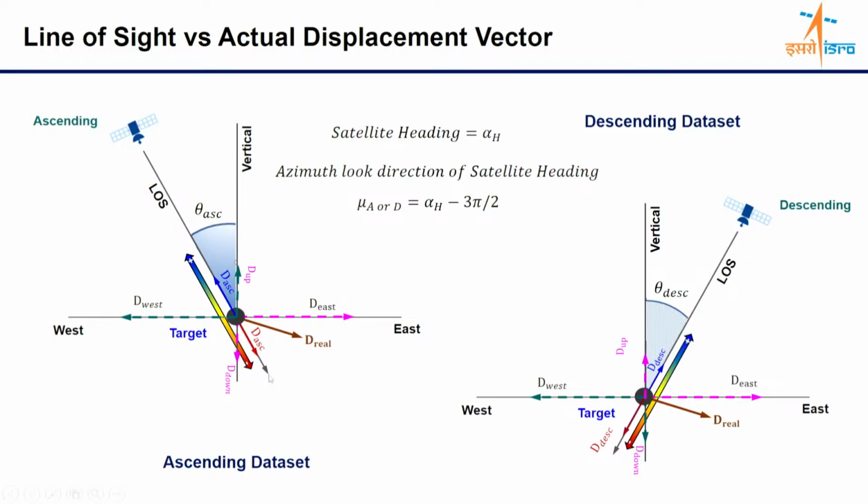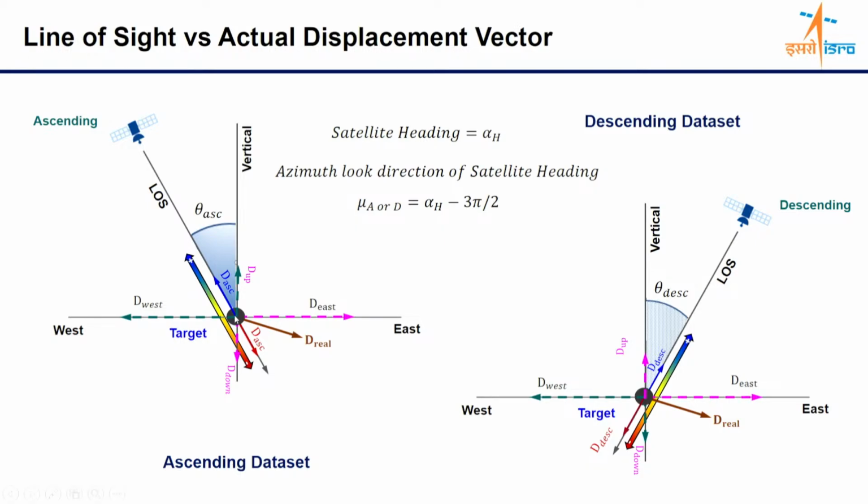Means from a single pass we are not able to investigate the horizontal or the vertical components of the displacement vector or the deformation vector of the target. We are only getting the deformation of the target along the radar line of sight, either towards the satellite or away from the satellite.